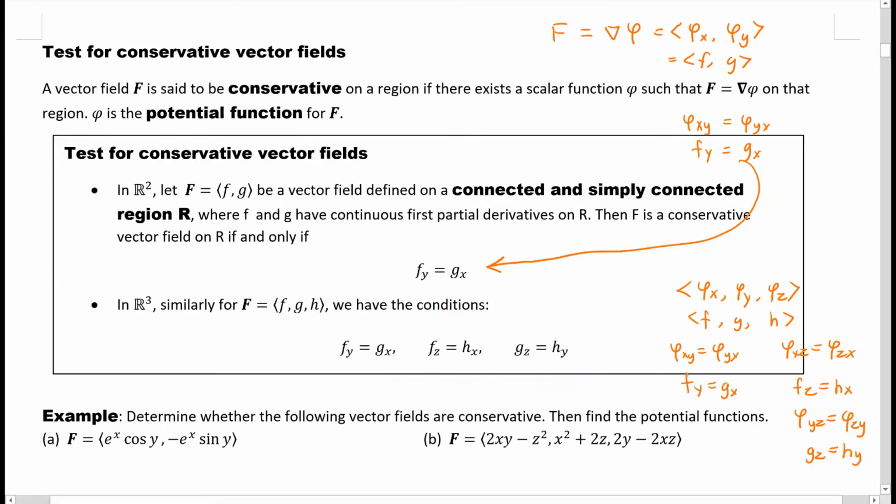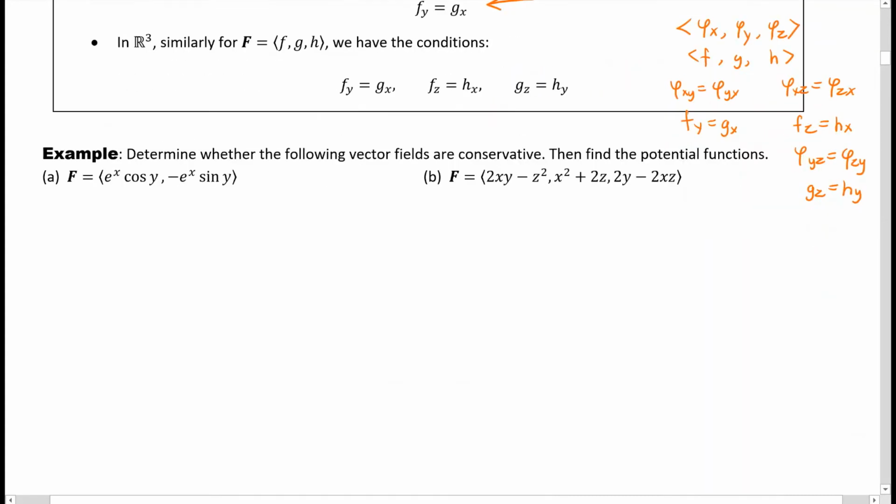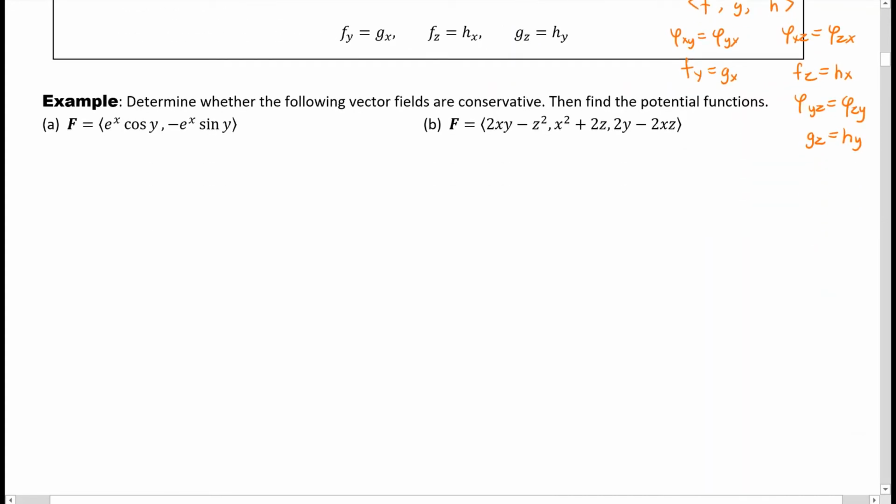Okay, let's look at the following example. Determine whether the following vector fields are conservative, then find the potential functions. Here this is F, this is G. What's F_y? We take the derivative with respect to y, and the derivative of cosine is minus sine. How about G_x? The derivative of e to the x is e to the x.